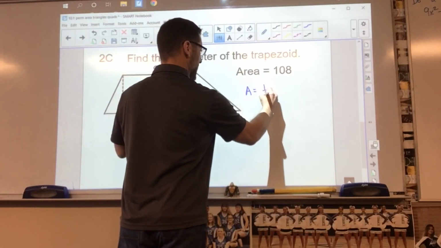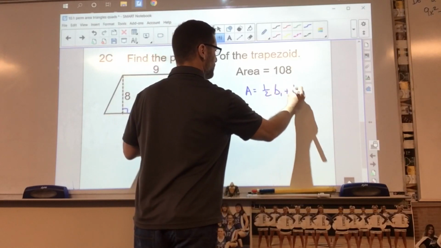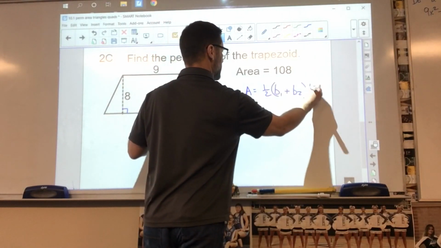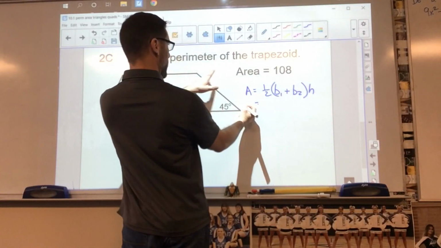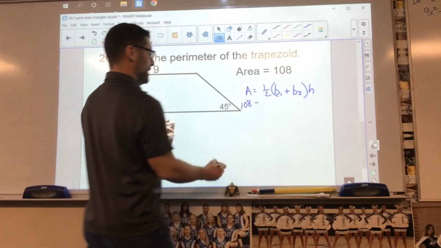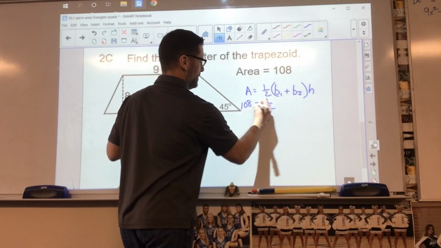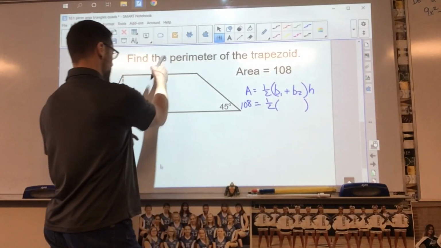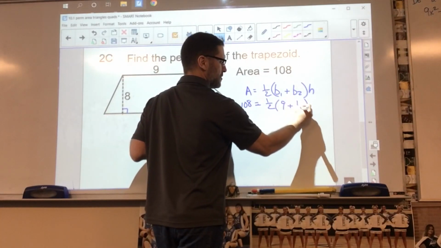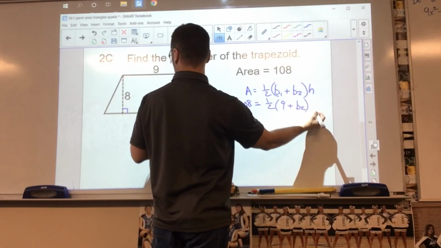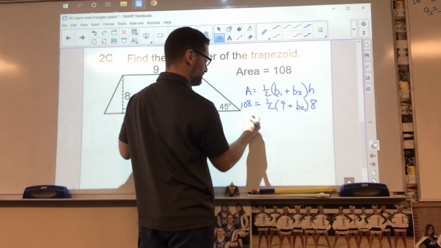Area is equal to 1/2 of base 1 plus base 2 times the height, which is, area is 108. And then I'm going to take half of 9, and I'll just leave this part base 2, times the height, which I already know is 8.